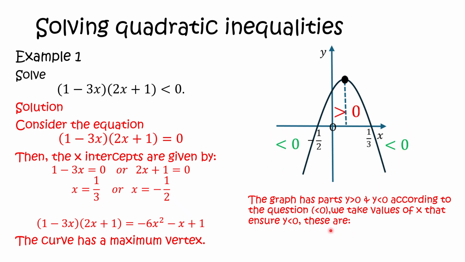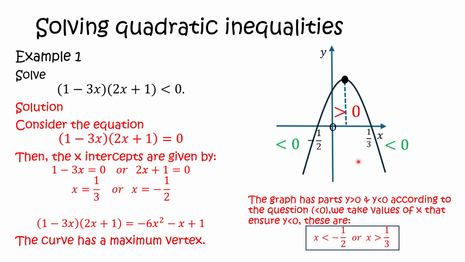Now take a look at this. From the values starting from minus a half going to the far left, the curve is negative, so we take that. And also for values that are from 1/3 and to the far right, the curve is less than 0.